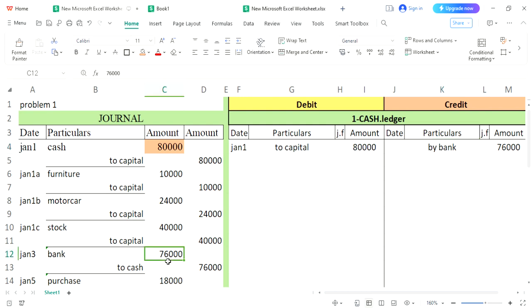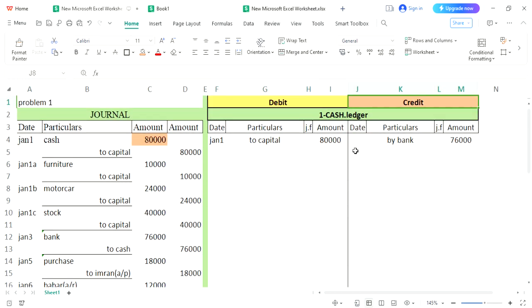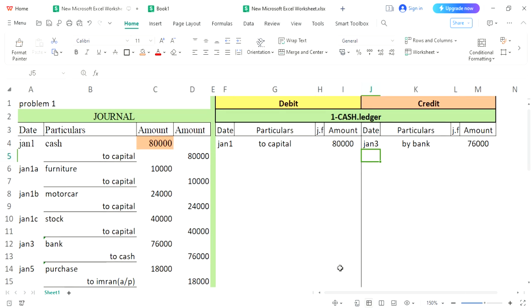This was our entry. Now we are going to put the date. What was the date? That was January 3rd. So we will be writing our date in date column, January 3. Alright, this way we have posted our amount 76,000 over here. 76,000 posting is completed, and you now need to mark it as it has been done.